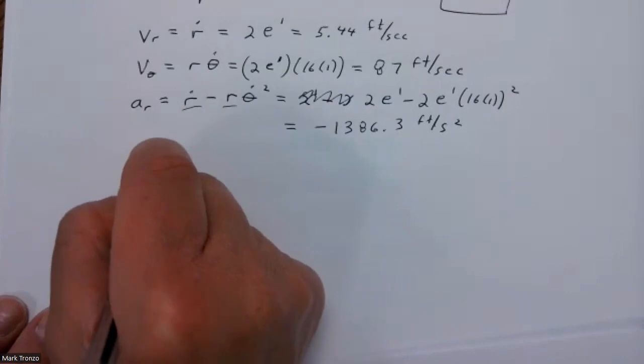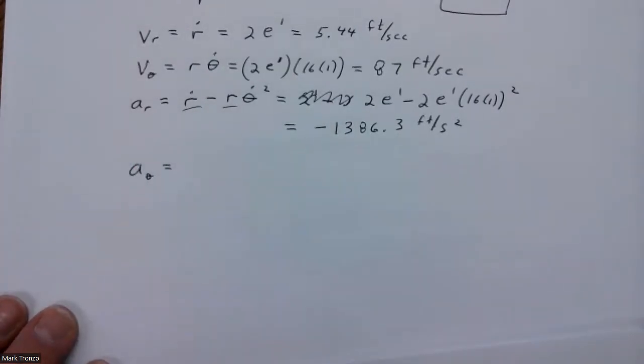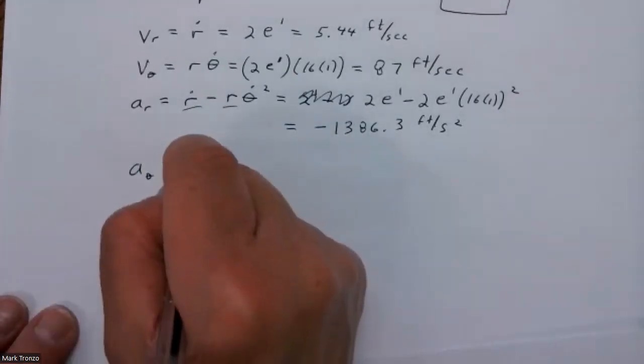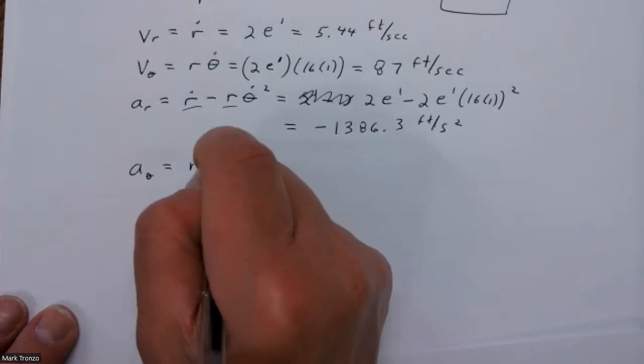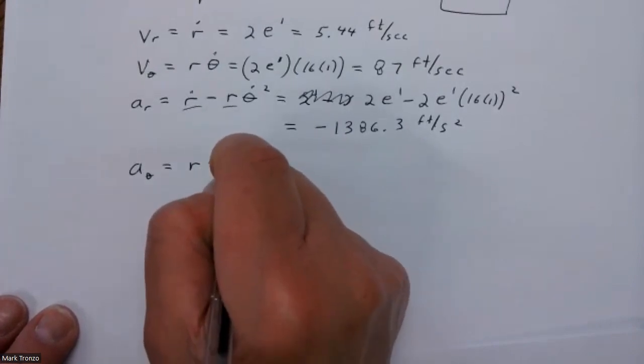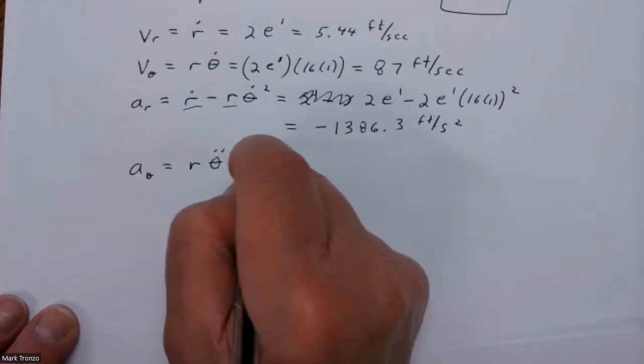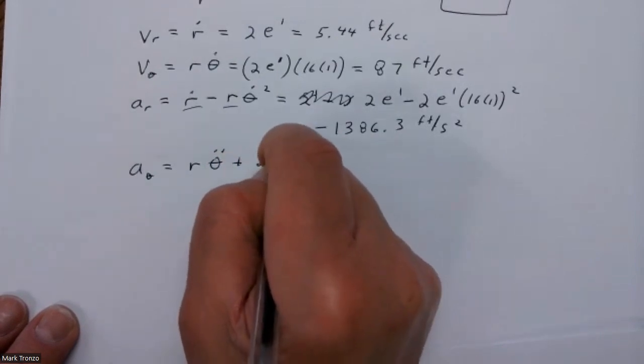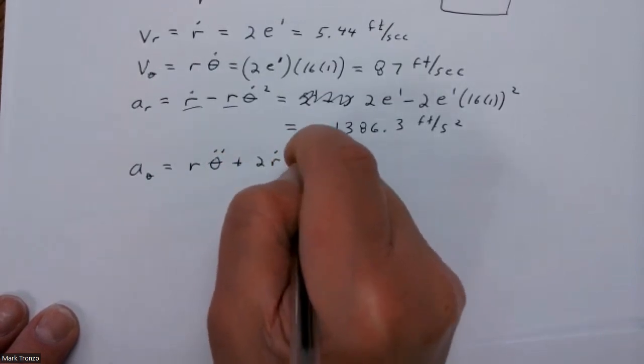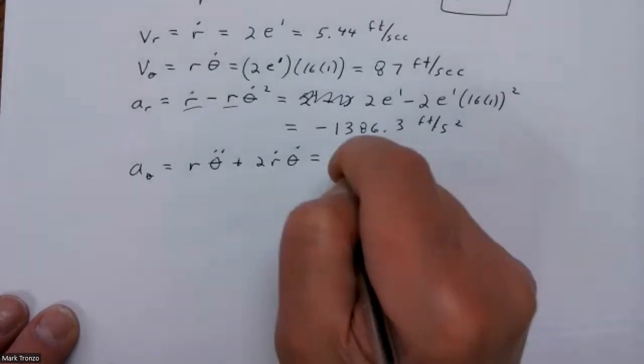Then a theta was r theta double dot plus 2 r dot theta dot.